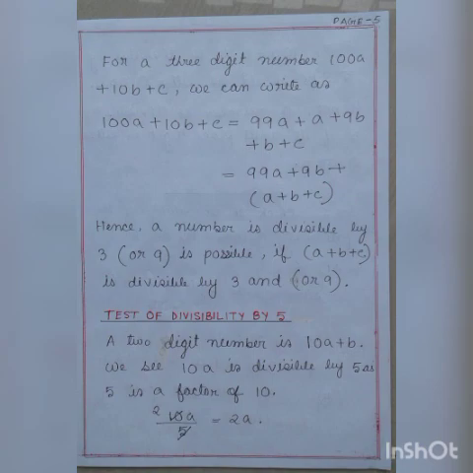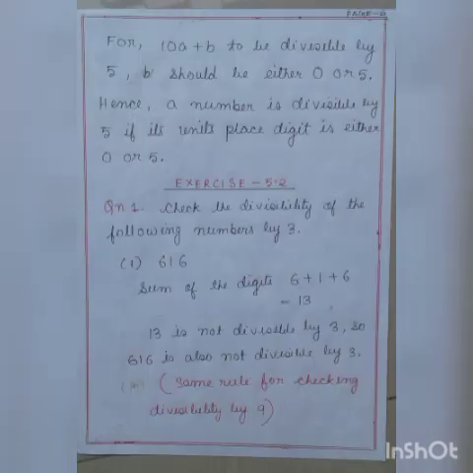Test of divisibility by 5. These are very easy tests. A 2-digit number is 10A plus B. We see 10A is divisible by 5 as 5 is a factor of 10. I have shown here how 5 is a factor of 10. If we divide 10A by 5, we get twice A. That part is not needed for the test of divisibility.